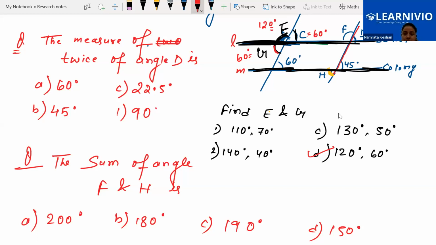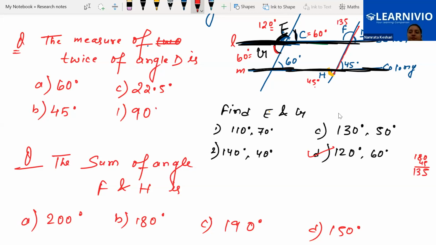Option C. Yes, ma'am. Okay, let's check it. Sum of F and H. D we already understand is 45 degree. So F will be the remaining from 180. 180 minus 45 is 135. So F is 135 and H is 45. So the sum of F and H is 180, ma'am.